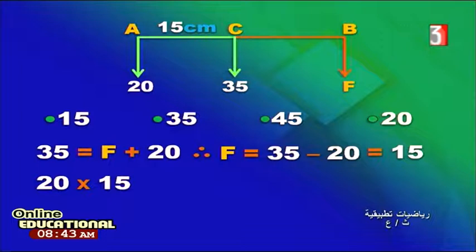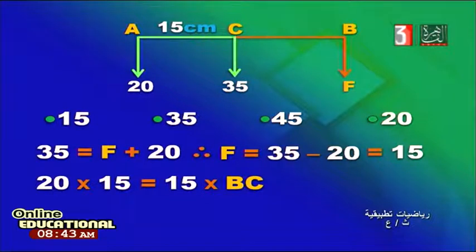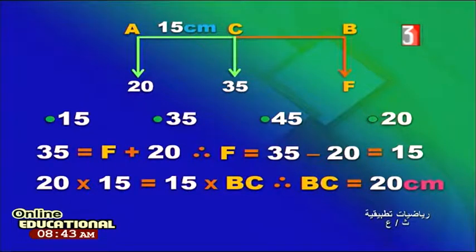By using 20 times 15 equals 15 times BC, where 15 is the value of the force F, and by using cross multiplication, BC equals 20 times 15 over 15, which equals 20 centimeter.